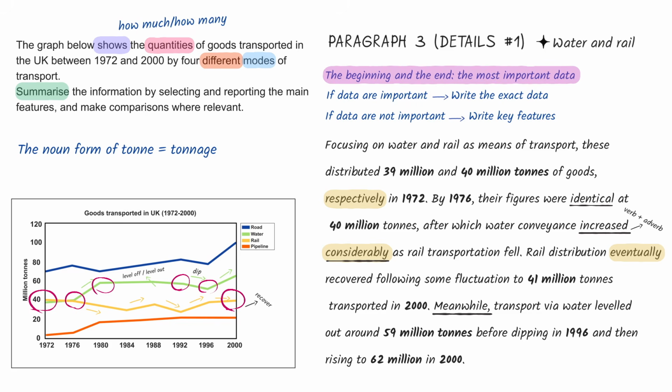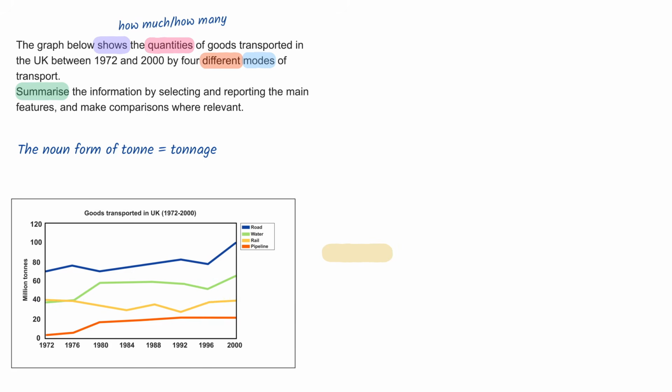Meanwhile, transport via water leveled out around 59 million tons before dipping in 1996 and then rising to 62 million in 2000. All right, that's all for paragraph 3. We mentioned the beginning of each of these categories and the end, and also key features in the middle of the period. Now, let's talk about road and pipeline in paragraph 4.